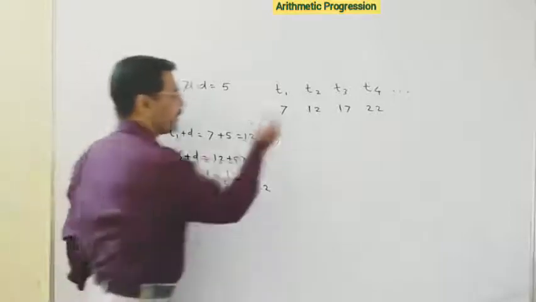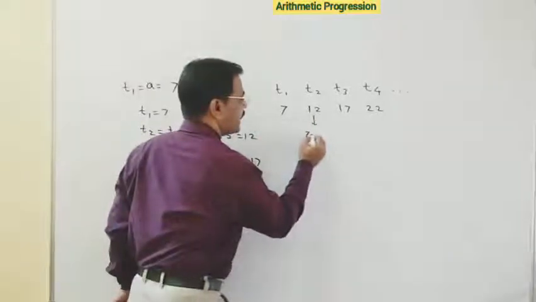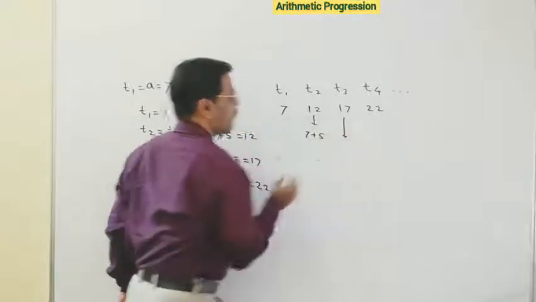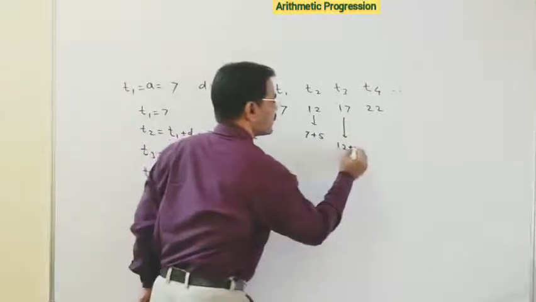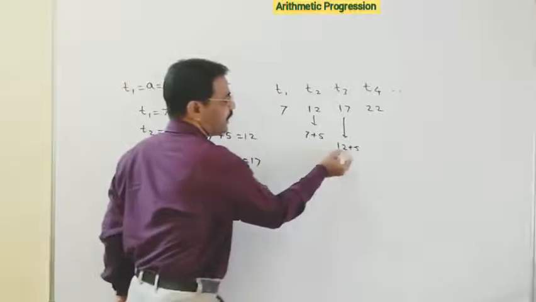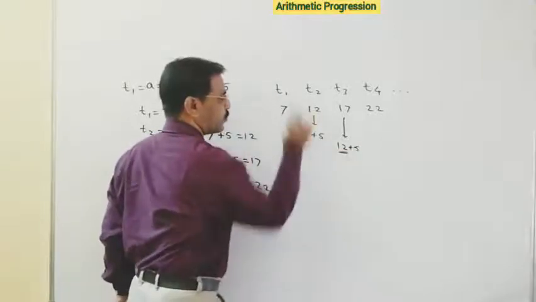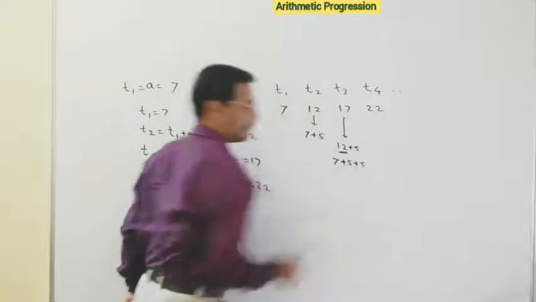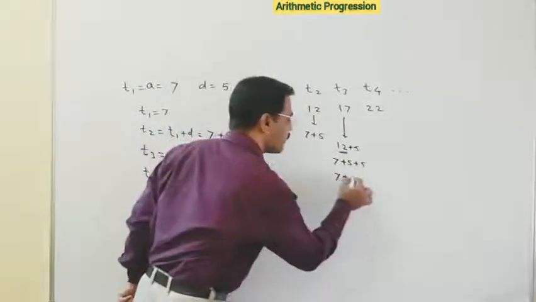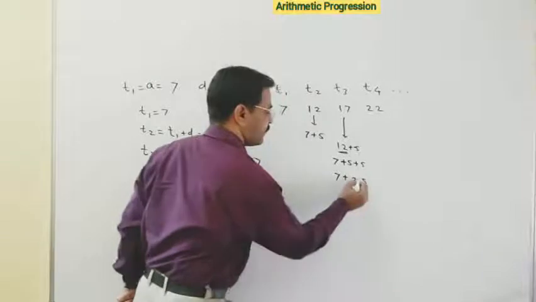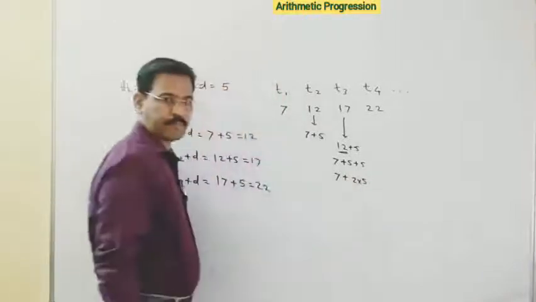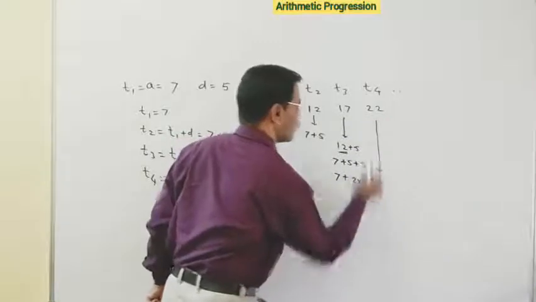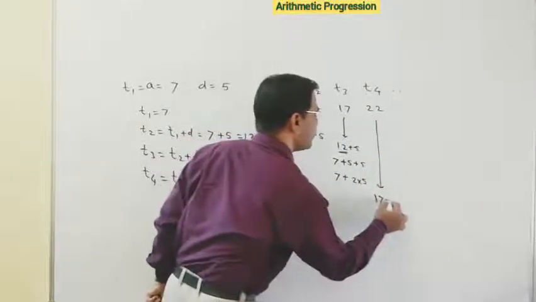Now look here. This came by adding 7 plus 5. This came by adding 12 plus 5. What about this 12? This is nothing but T2, but now I will write 7 plus 5 plus 5, which means 7 plus 2 into 5. Okay, after that, this is 17 plus 5.